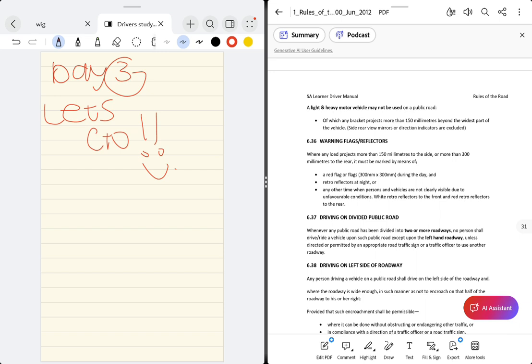A light and heavy motor vehicle may not be used on a public road if a bracket projects more than 150 millimeters beyond the widest part of the vehicle.